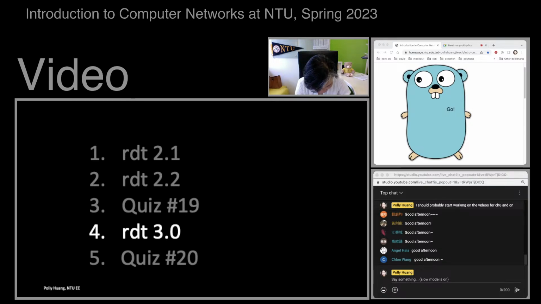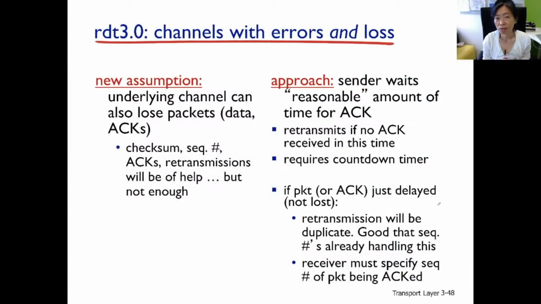This video is 5 minutes long. Now, the last version of RDT, the RDT 3.0. In version 3, we're going to make it very general. So there could be bit errors in the data packet and in the acknowledgement packets, but there could also be losses of the data packets or the acknowledgement packets. So the new assumption here is very general.